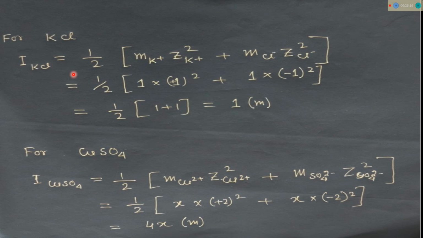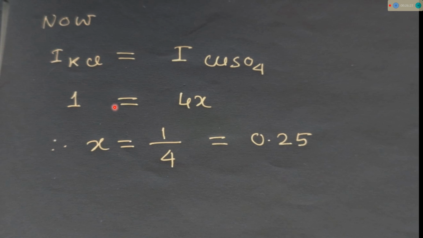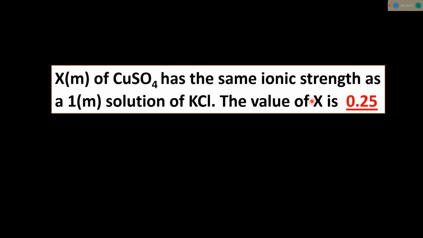We calculated that for KCl the ionic strength is 1, and for copper sulfate the ionic strength is 4X. So 1 equals 4X. From here X is equal to 1 by 4, so it becomes 0.25. So the answer to this question is 0.25.